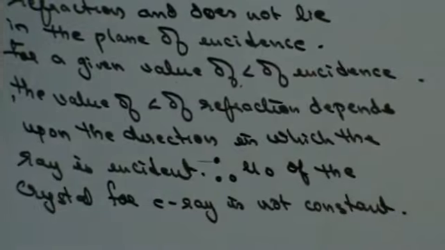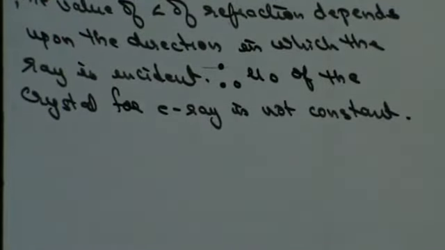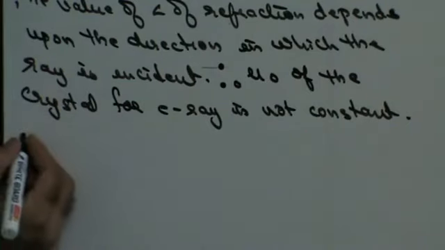Another important feature here is that both the ordinary ray and the extraordinary ray are polarized in planes which are mutually perpendicular to each other. So the two rays are going to be in two separate planes, and the two planes are going to be perpendicular to each other.